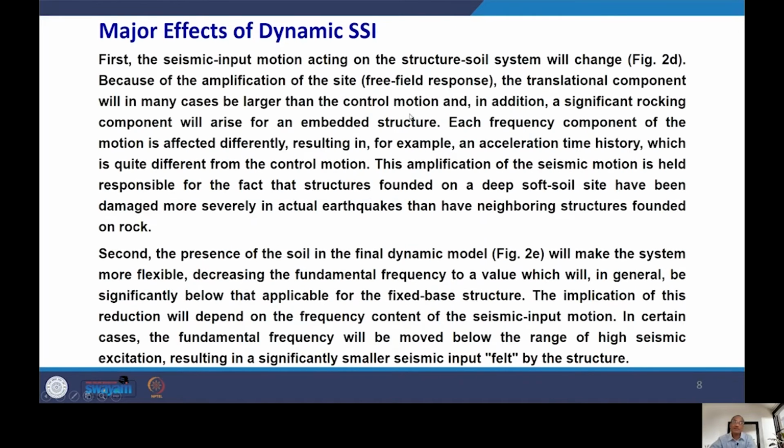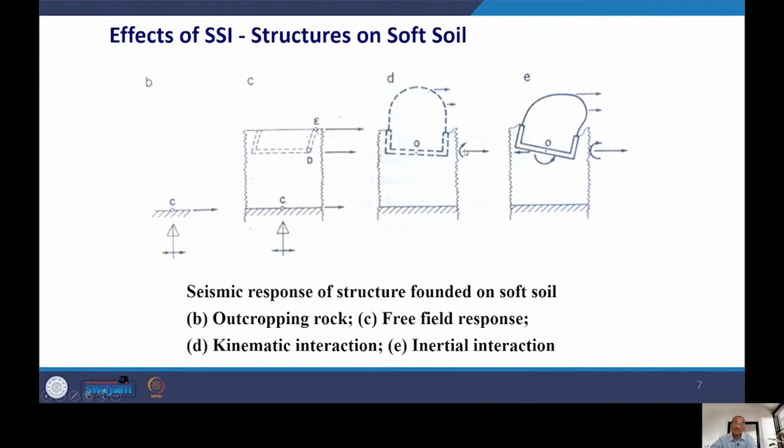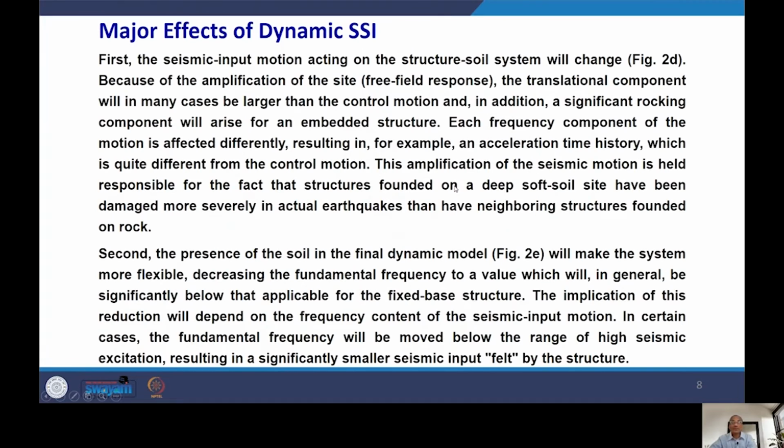The translation component will in many cases be larger than the control motion, and in addition a significant rocking component will arise for an embedded structure. So you can see a translation component whose amplitude is higher than the input control motion, and a rocking component. Each frequency component of the motion is affected differently, resulting in, for example, an acceleration time history which is quite different from the control motion.